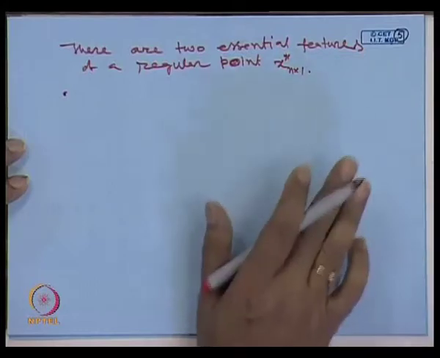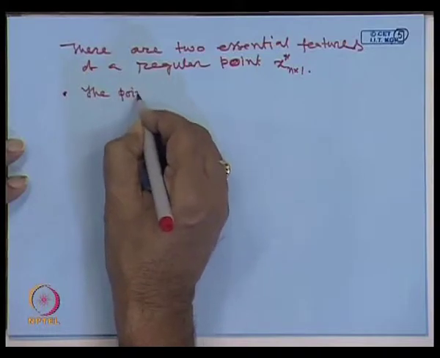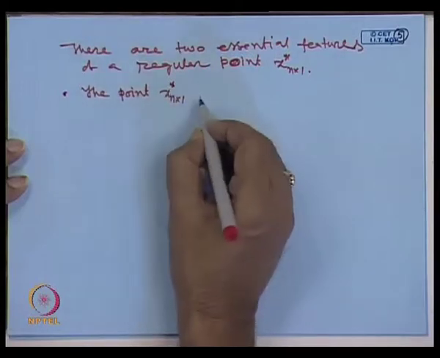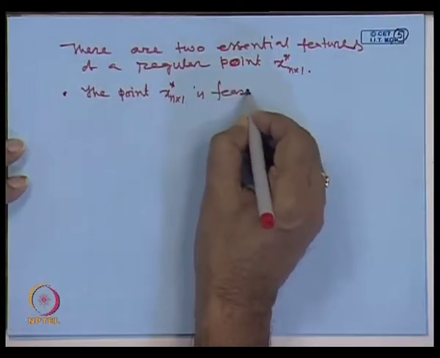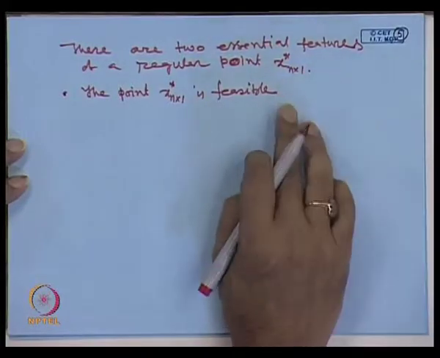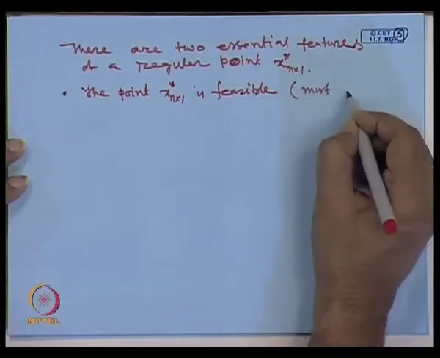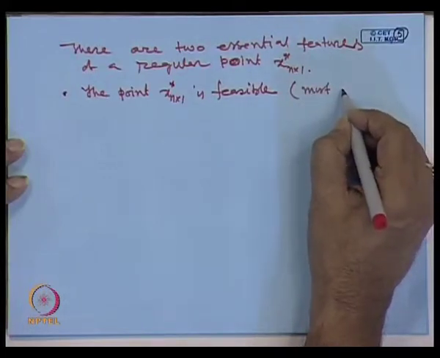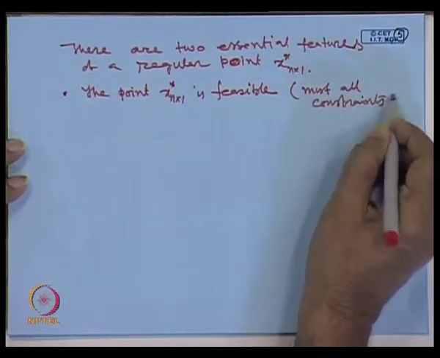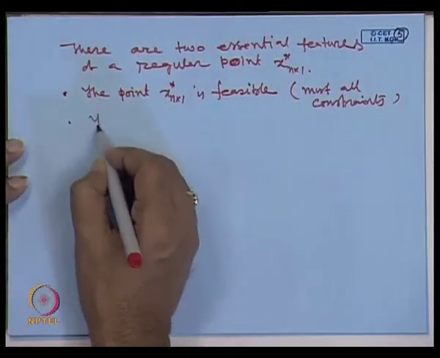That means, if the point x star, which is a regular point, is feasible, it must satisfy all equality and inequality constraints. This is one feature.